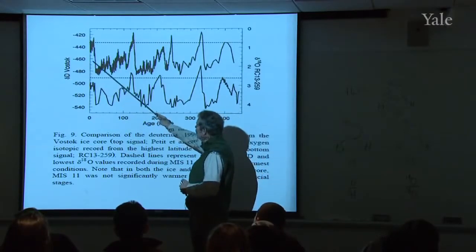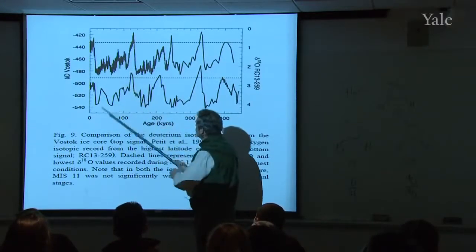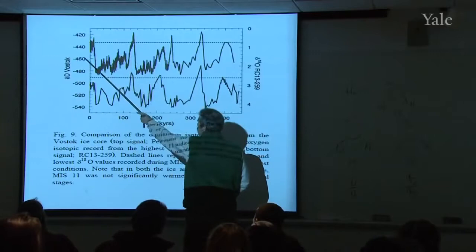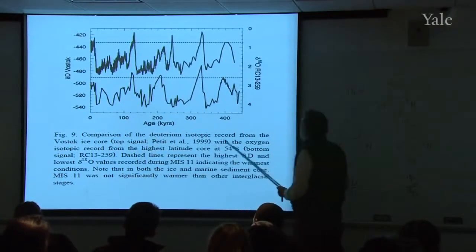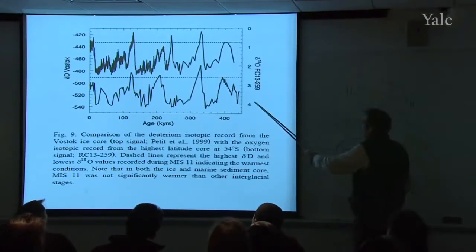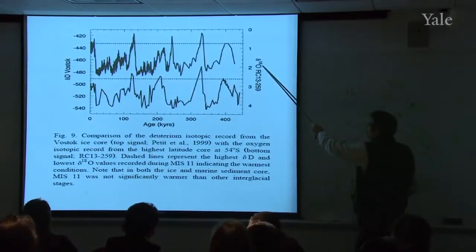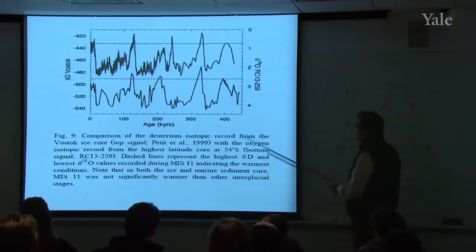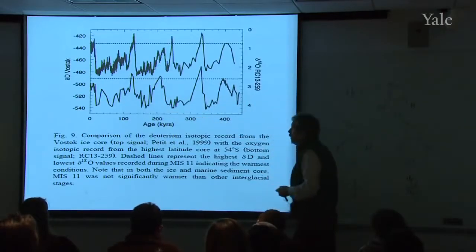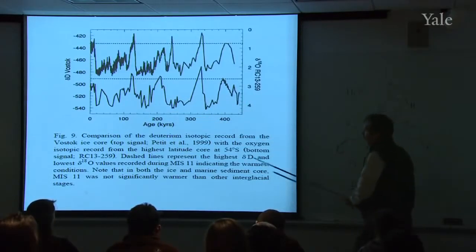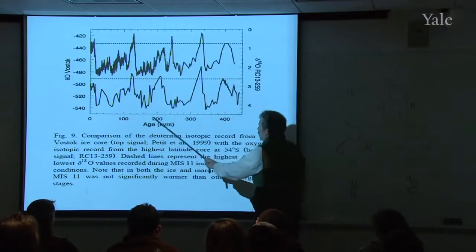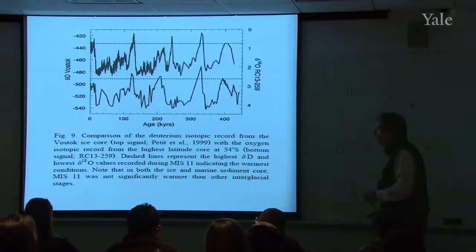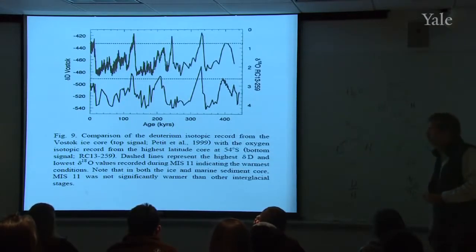Vostok delta D is plotted in the upper panel, and the scale is on the left. This deep sea sediment core, which is represented as delta O18, is plotted on the right, and it's the lower panel, and the time scales are matched up, so we can go back 400,000 years into the past for both of these records.